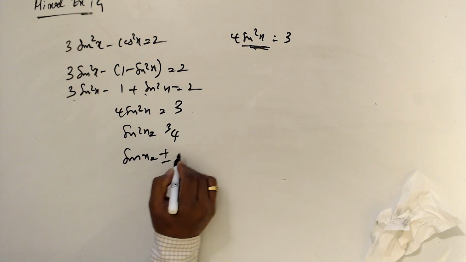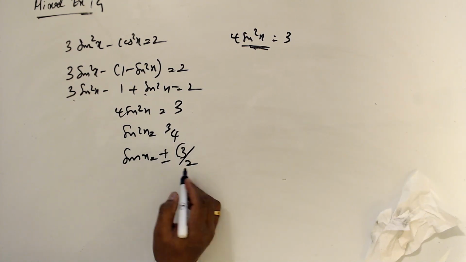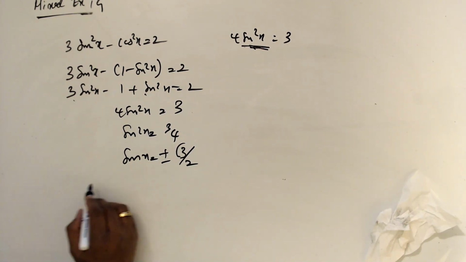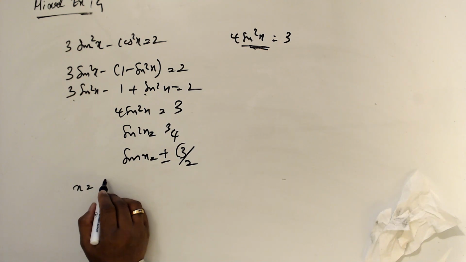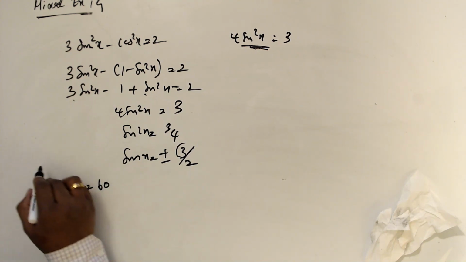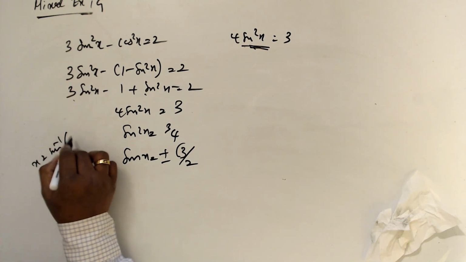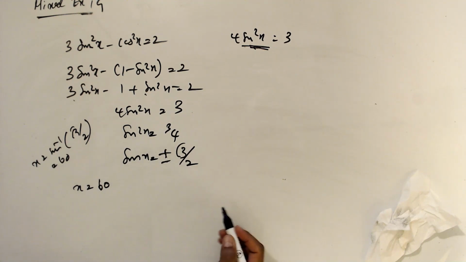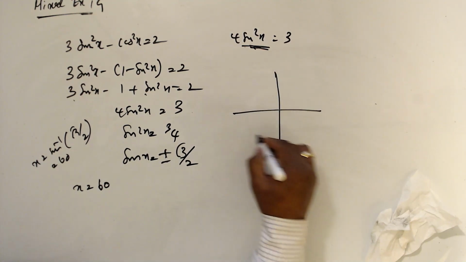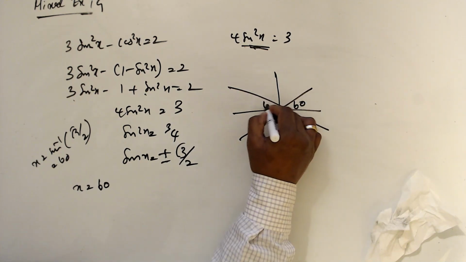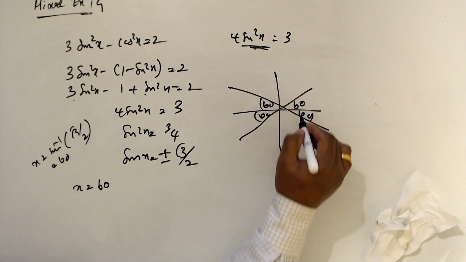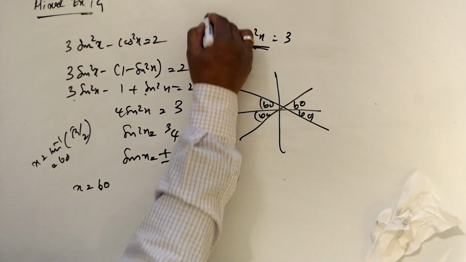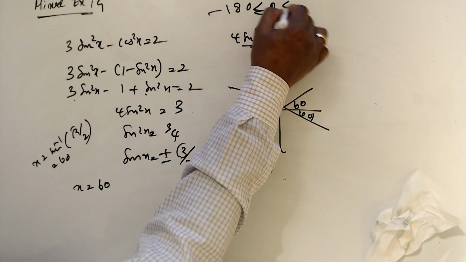Sine x equals plus or minus square root 3 over 2. So with the acute value, x is 60, because x equals sine inverse square root 3 over 2 is 60, and this is plus or minus, all the quadrants we need. It means 60, 60, 60 and 60. So the answers we need are between minus 180 to 180.